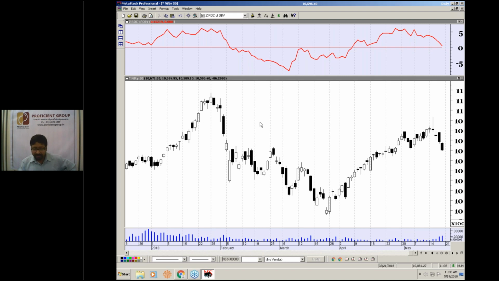But somewhere down the line, suppose there is an uptrend, but the rate of increase is falling. So that will give us a signal that the bulls may not be as strong as they're looking. But looking only at the price, it is not possible to find that out.